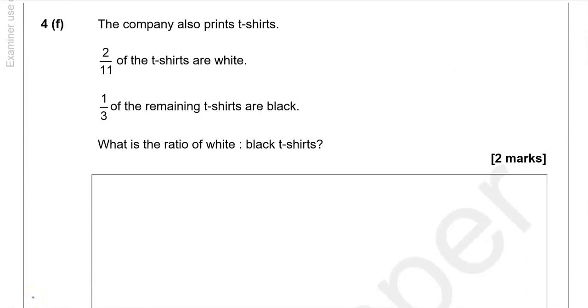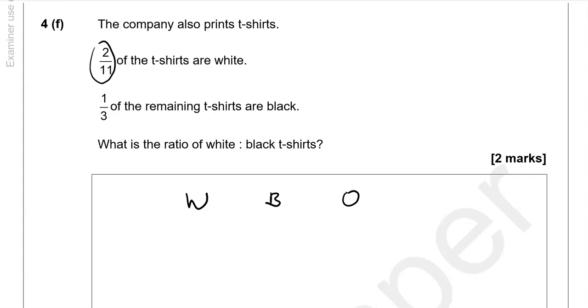The company also prints t-shirts. 2/11 of the t-shirts are white. 1/3 of the remaining t-shirts are black. What is the ratio of white to black t-shirts? So we've got white and we've got black, and then other ones as well.